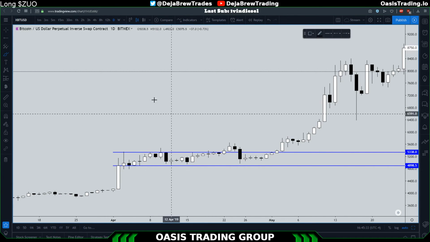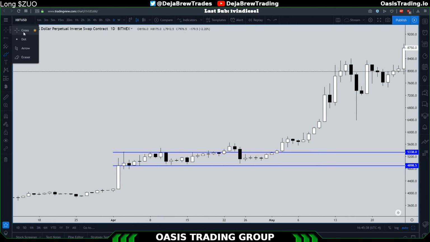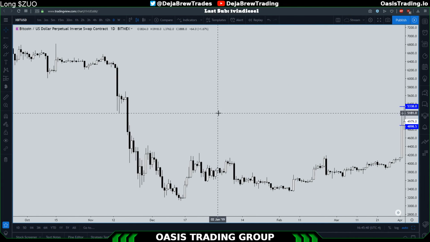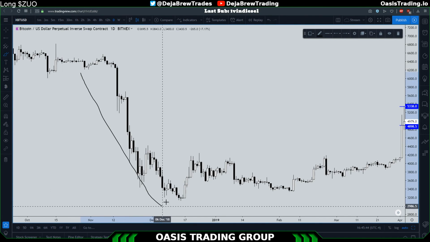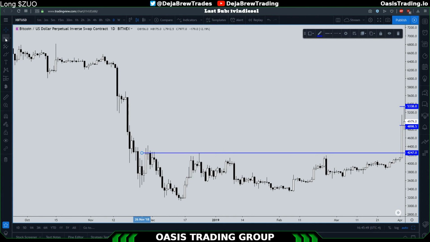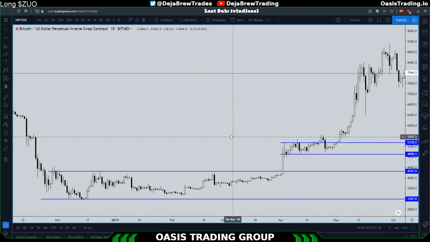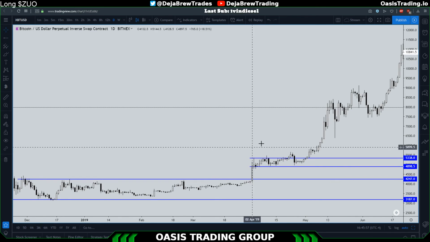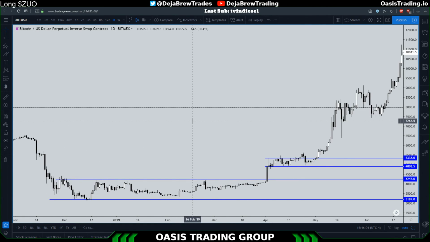Same thing is if you have a downtrend. Actually, I can show you. So we have a downtrend, which turns into accumulation. Now, once we break out of that accumulation, you have that first pullback, which is the same as that distribution there.